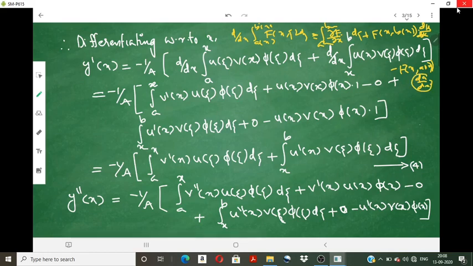Since the lower limit a is a constant, this third term will be 0.